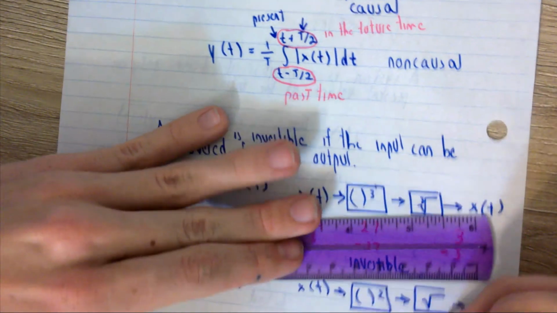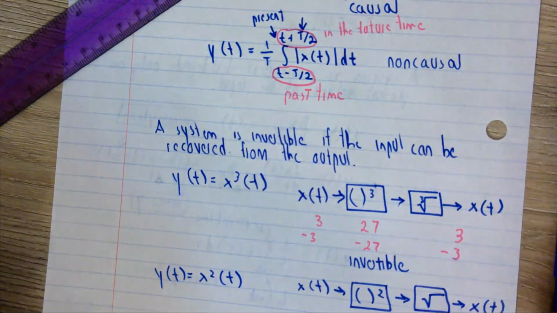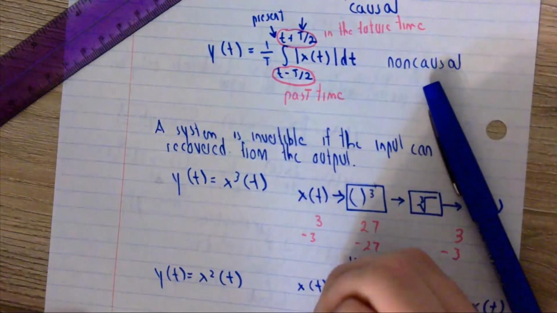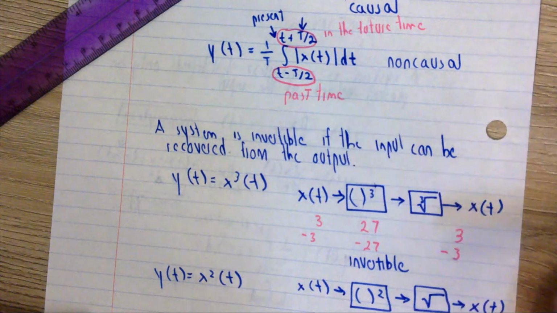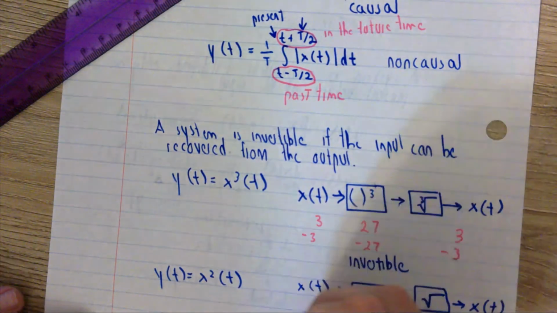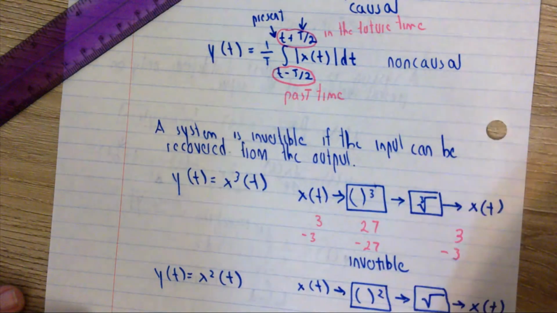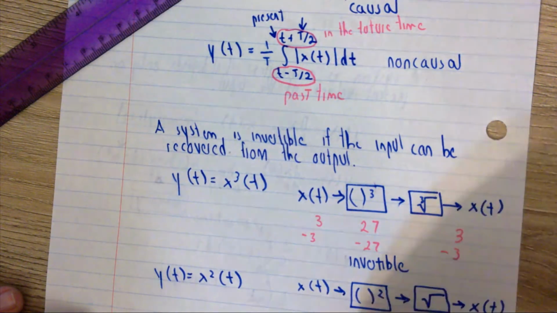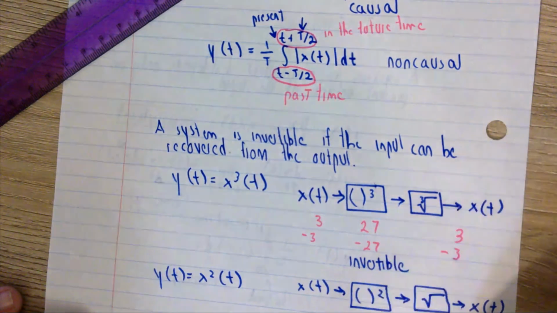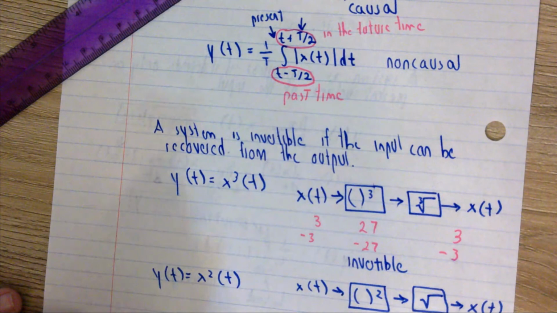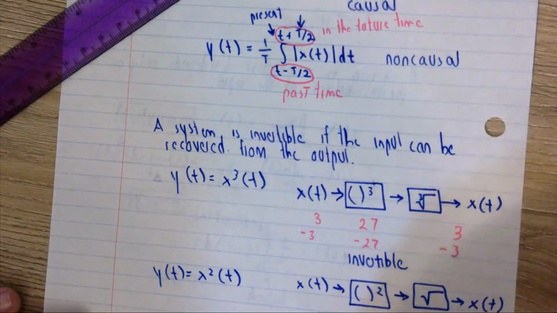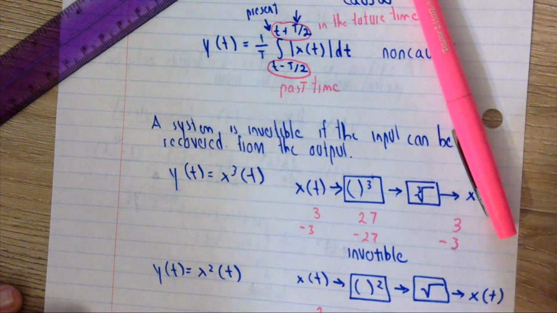If x of t is something like 2, square it, that gives you 4, and then take the square root, that gives you 2. If you have negative 2 squared, that gives you 4, take the square root, that's 2. These two don't match. The input x of t does not give you the original x of t as output. They're not the same, so this is not invertible.